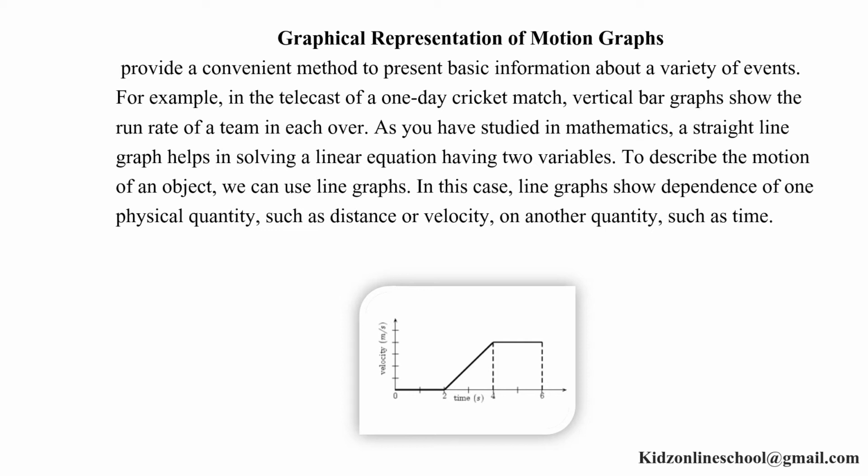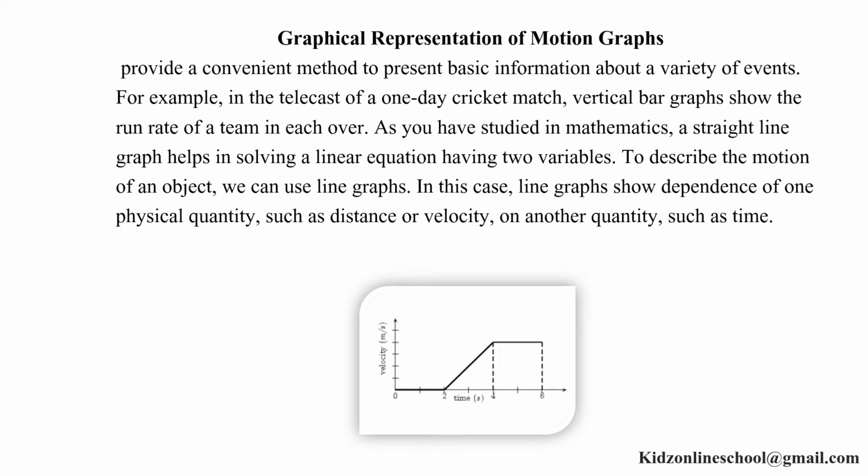Graphical representation of motion. Graphs provide a convenient method to present basic information about a variety of events. For example, in the telecast of a one-day cricket match, vertical bar graphs show the run rate of a team in each over.